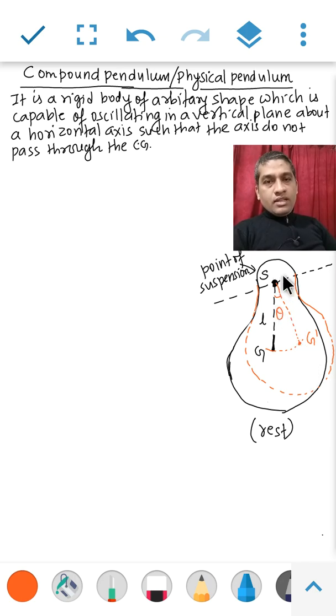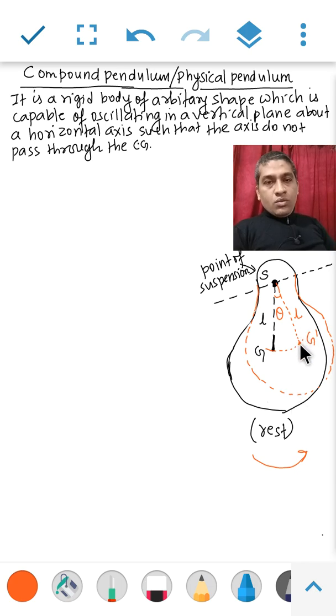Clear? Now the distance SG dash is again the same. Okay, this is L. Now we are displacing this pendulum in anti-clockwise direction, okay, by angle theta.